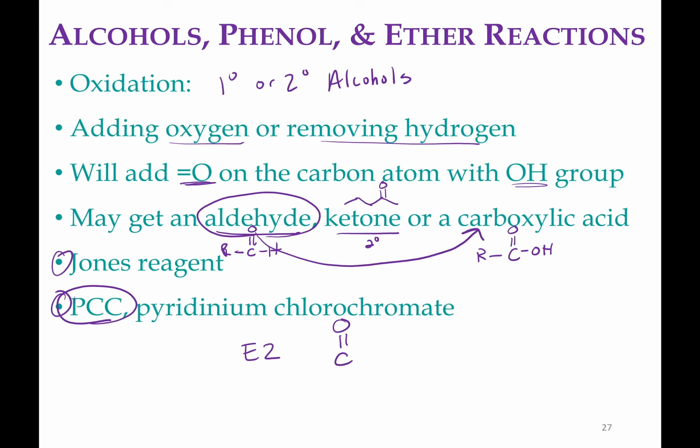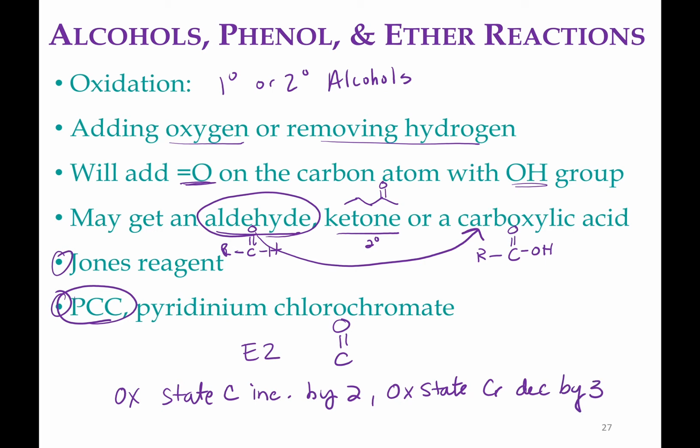Now, these are all redox reactions. So the oxidation state for carbon is going to increase by 2, and the oxidation state for chromium is going to decrease by 3. That's important because it does actually give a color change. The oxidation state of chromium goes from 6+ to 3+.